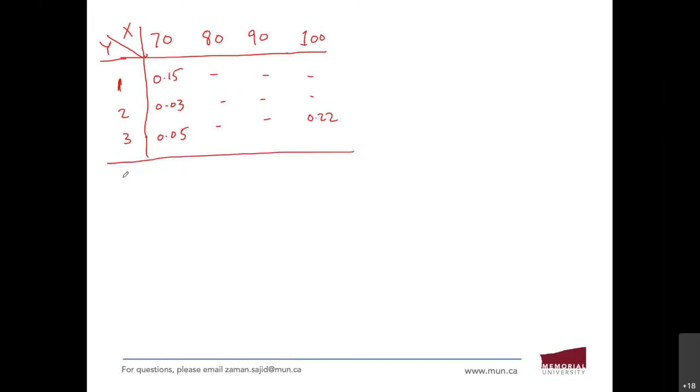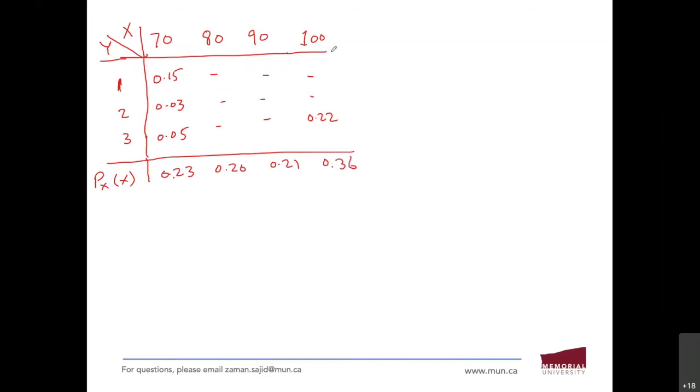which is the P of X here. This value was 0.23. For 80 it was 0.20. For 90 it was 0.21. For 100 it was 0.36.